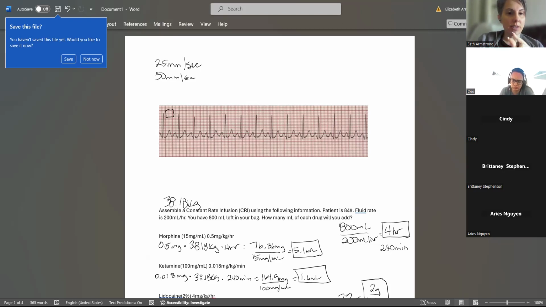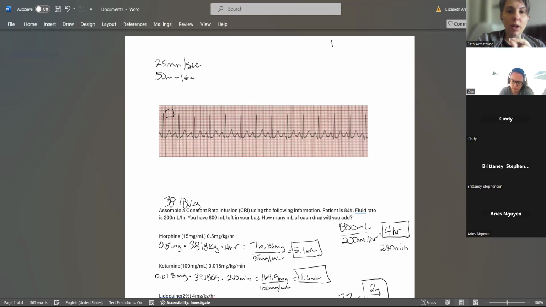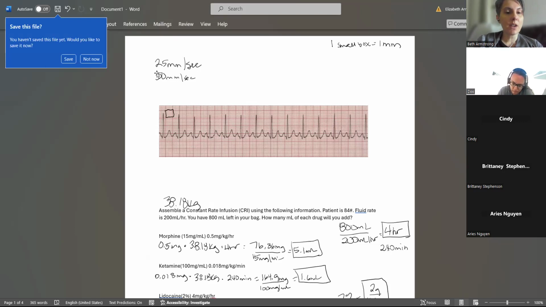One little box, one small box equals 1 millimeter. So if we have 5 small ones in a big box, that means there's 5 millimeters per big box.